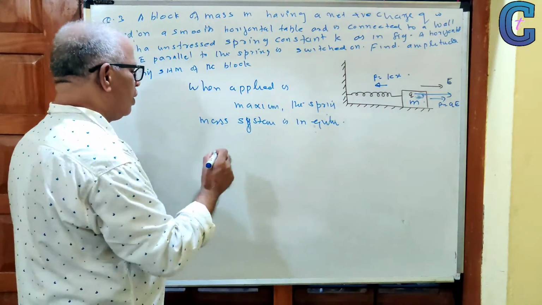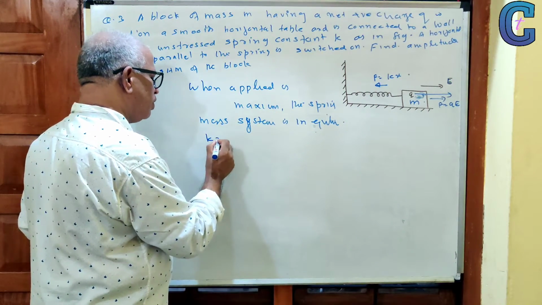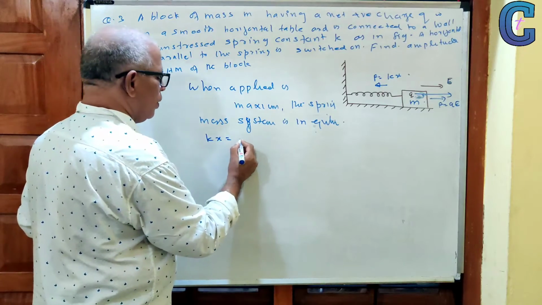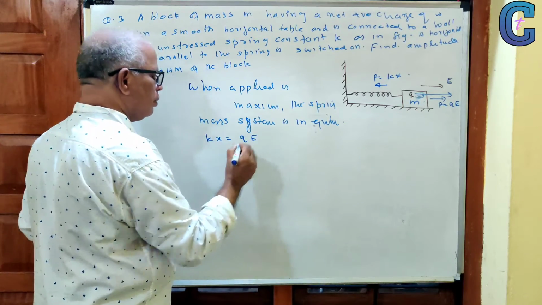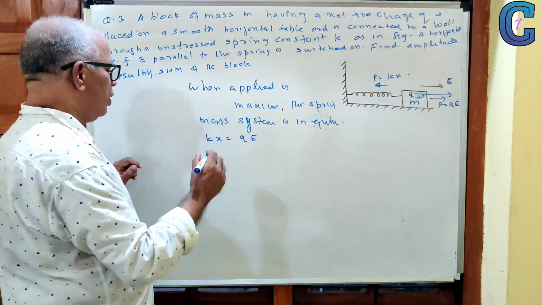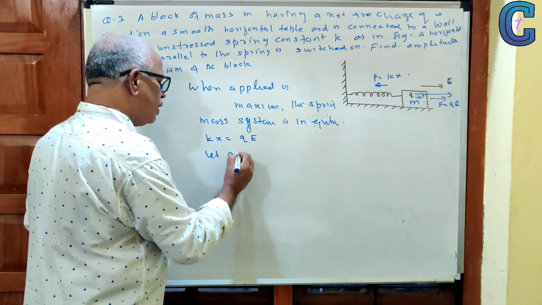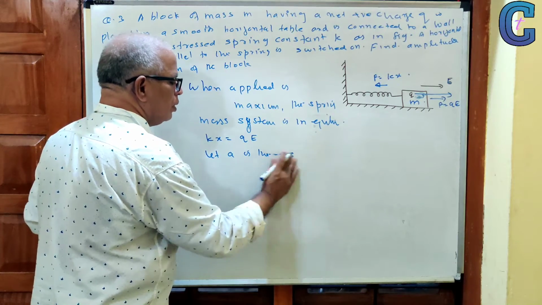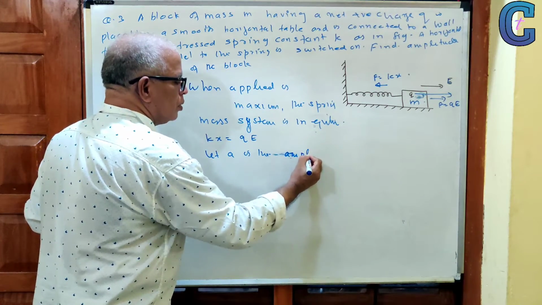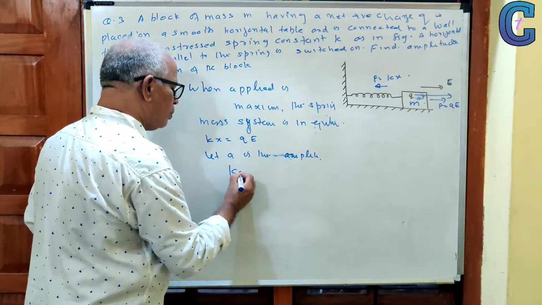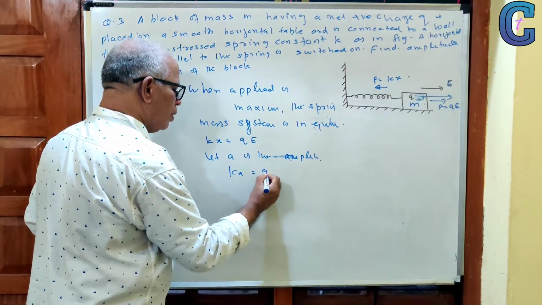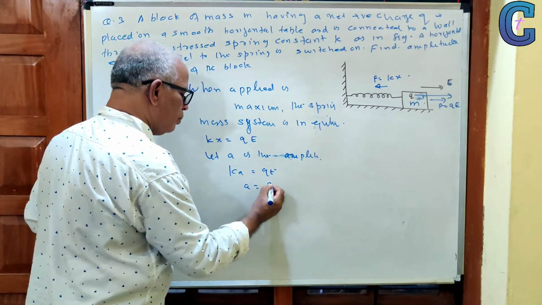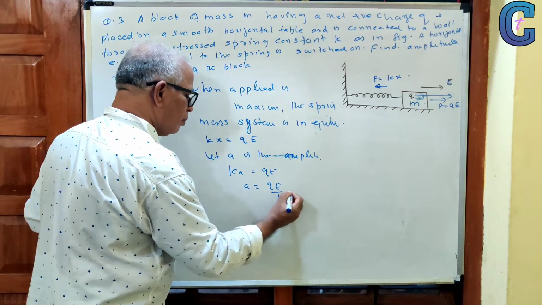So at equilibrium, Kx will be QE. Let A be the maximum, A is the amplitude. Therefore, KA is equal to QE. A is equal to QE by K.